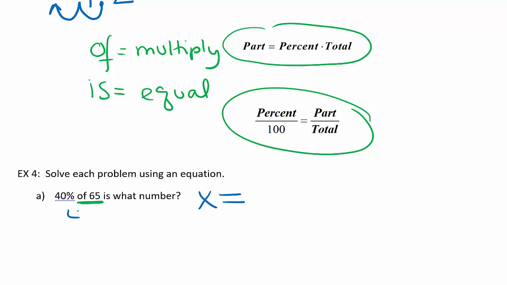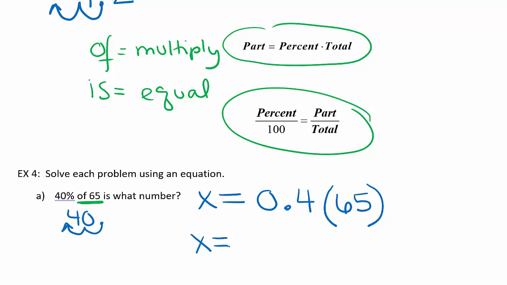I'm going to change 40% into a decimal. So I'm going to move that decimal 2 places to the left. So 40% is 0.4, of means times 65. So I have to take 0.4 times 65. When I multiply, I get 26. So 26 is 40% of 65.